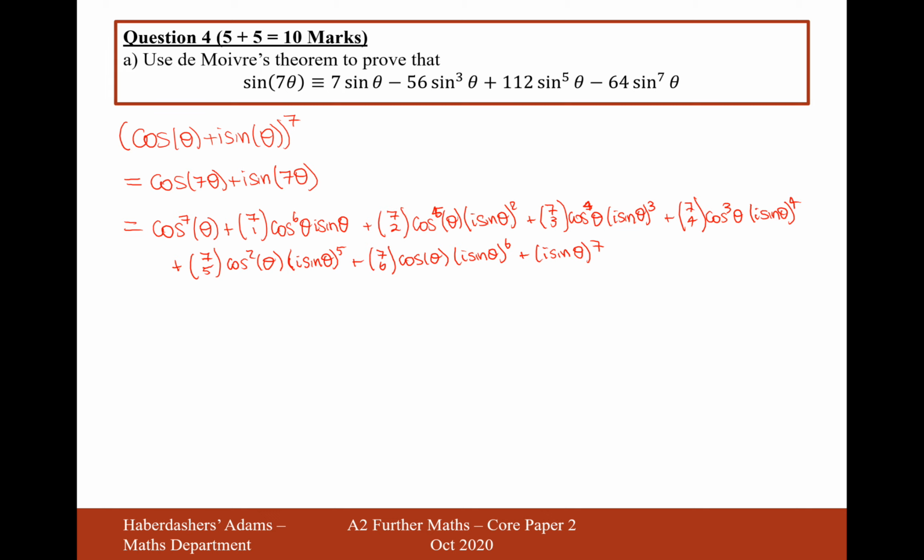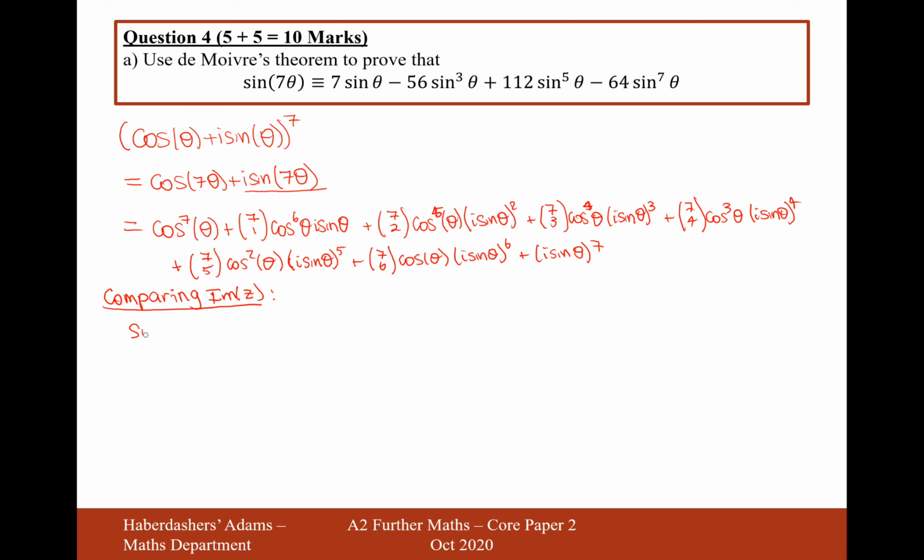Now we're just going to be comparing the imaginary parts on both expressions, so comparing imaginary parts of z. I'm just going to compare the terms that have i in front of them.